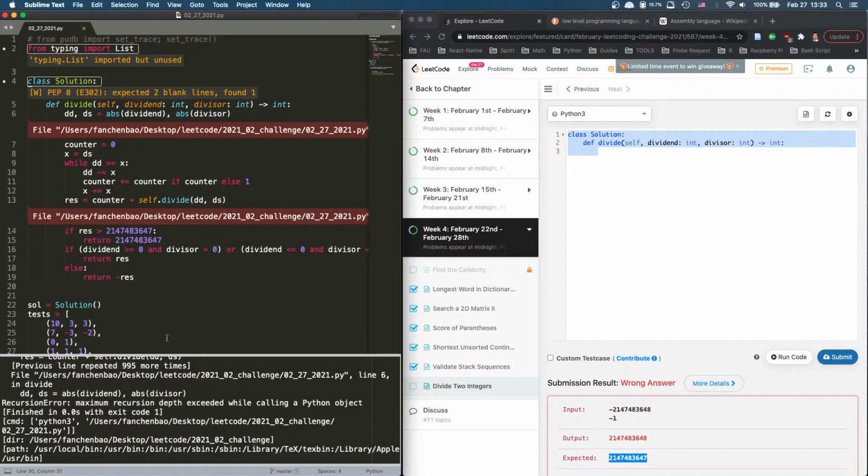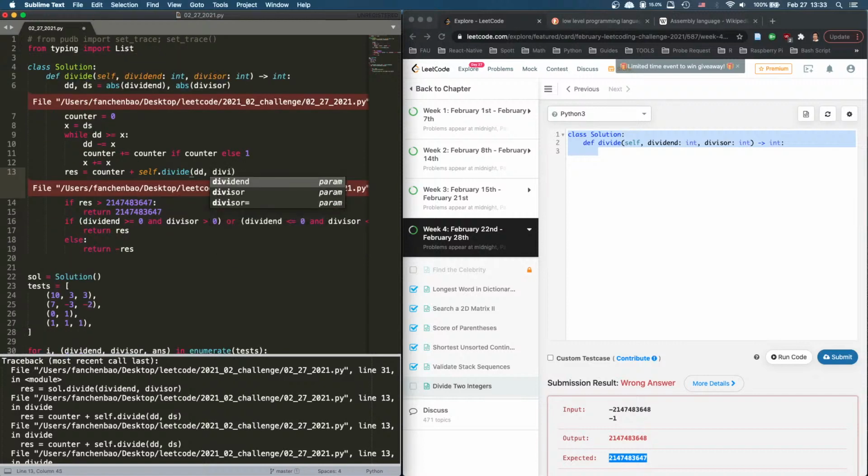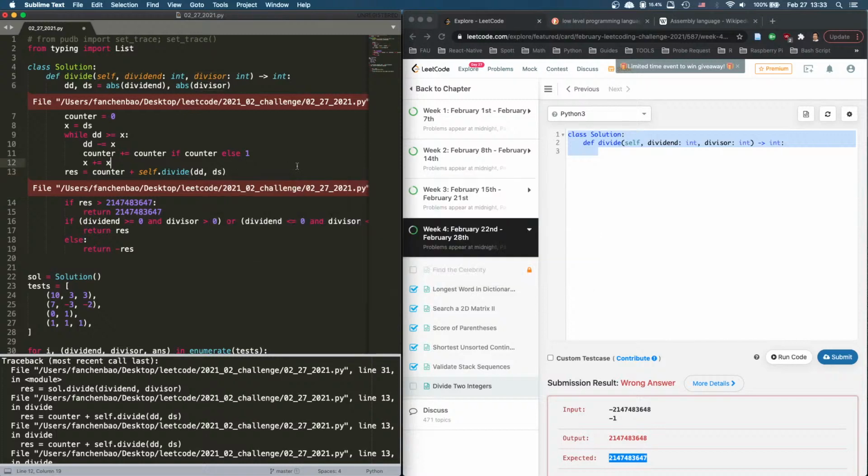How is maximum recursion depth hit? Oh, not ds. It has to be divisor. No, yeah, it is ds. Because ds never changed.